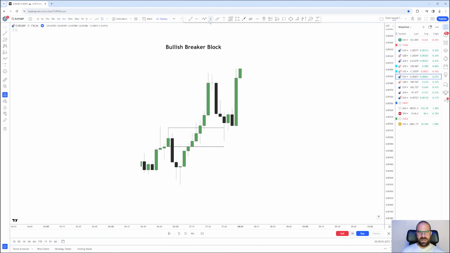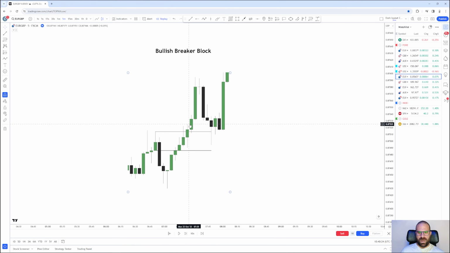As you can see, we had a high, okay, then we had a low which swept liquidity right here, and then we broke above this high. Now, this last up candlestick before this down move that swept liquidity, this last bullish candlestick, I shall say, before the low that grabbed liquidity, this is your bullish breaker block.